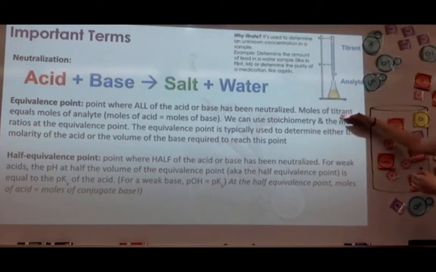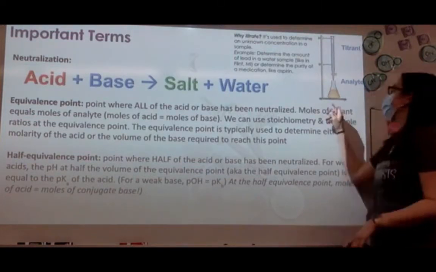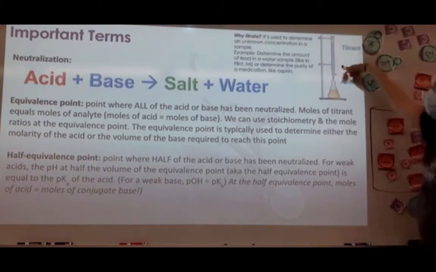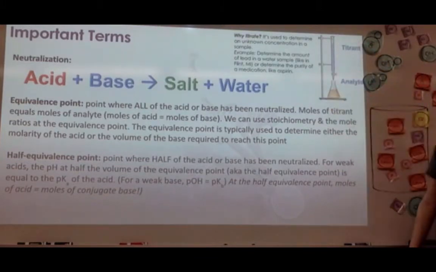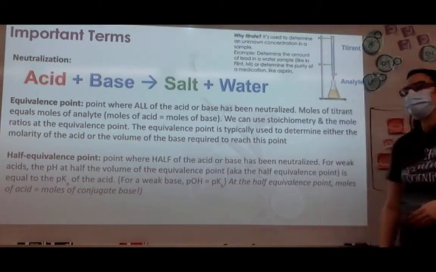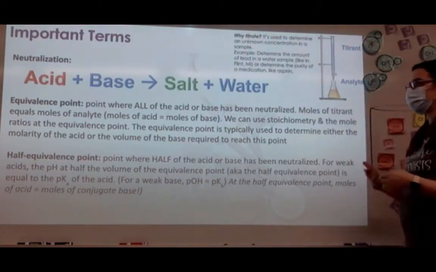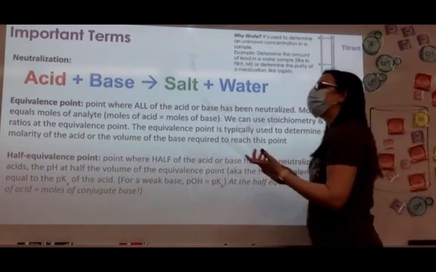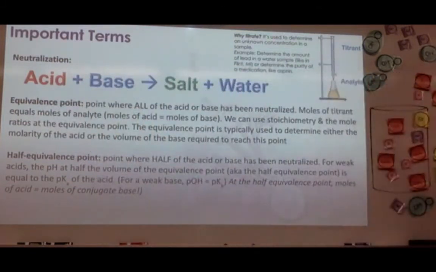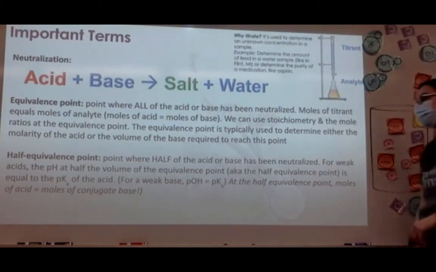The most important thing about the equivalence point is that the moles of the titrant, so let's say the moles of base, equals the moles of acid. A lot of times it's called the stoichiometric equivalence point because we use the mole ratios. So we can say we have 1 mole of HCl to 1 mole of NaOH, and we can use that to help us find molarity.